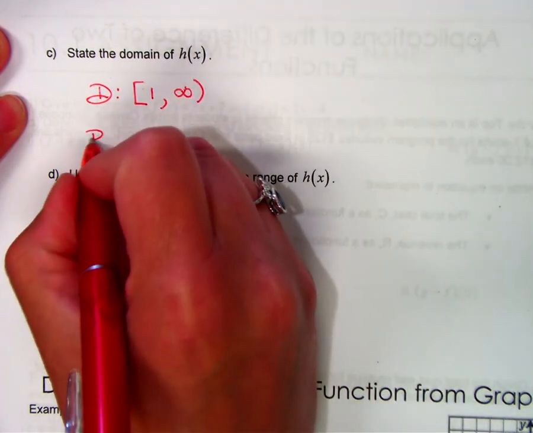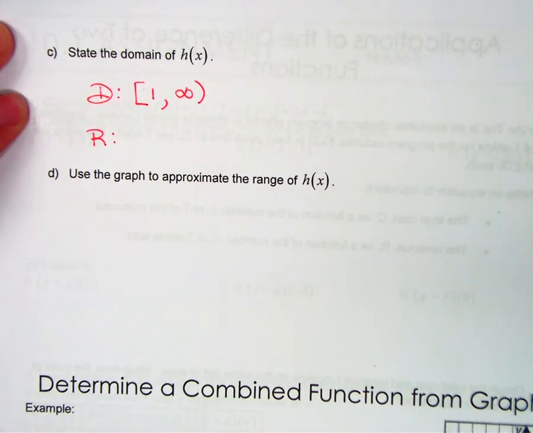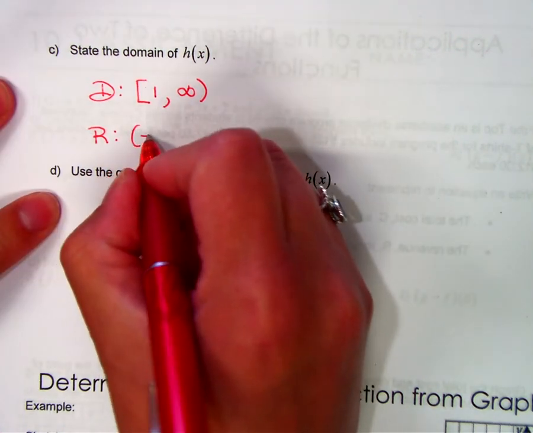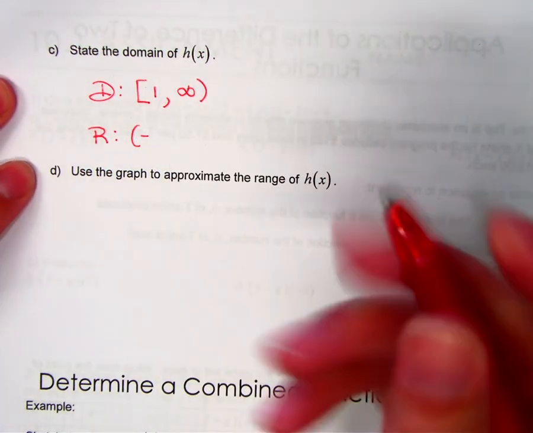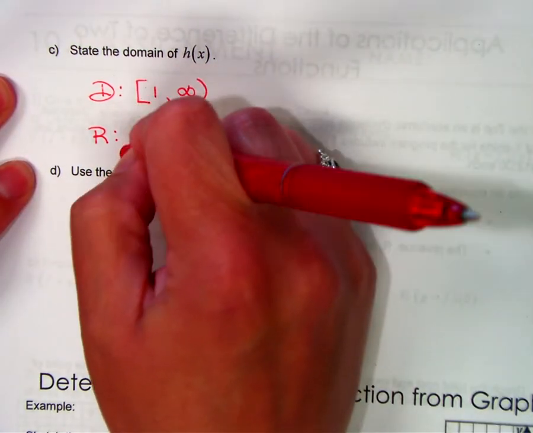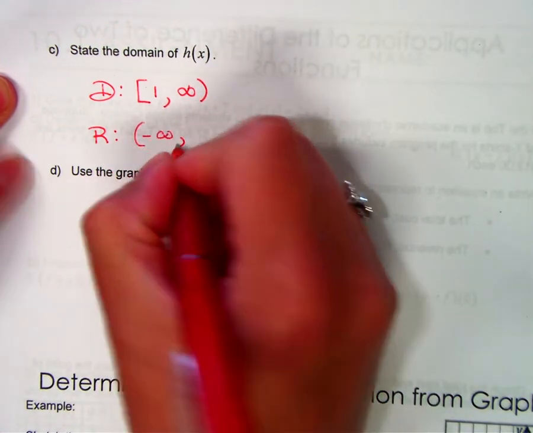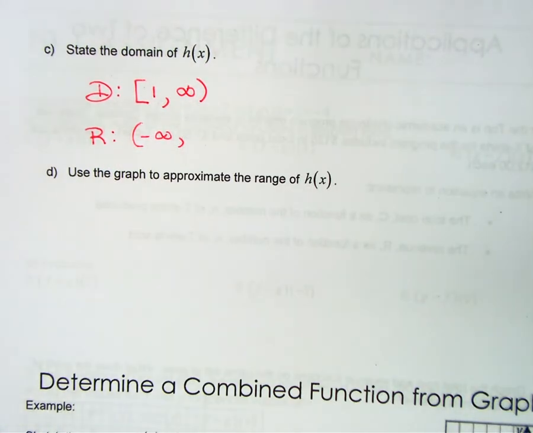Let's do range while we're here. Well, range is the next one. Okay, let's do negative infinity. And what are we looking for? Where did my Desmos go?